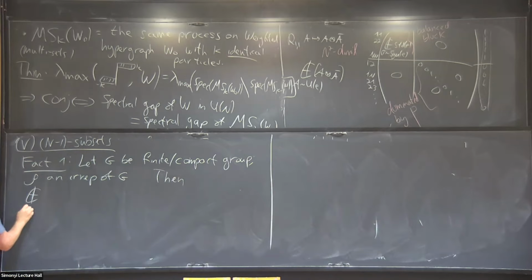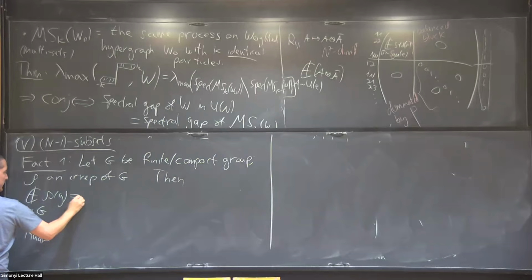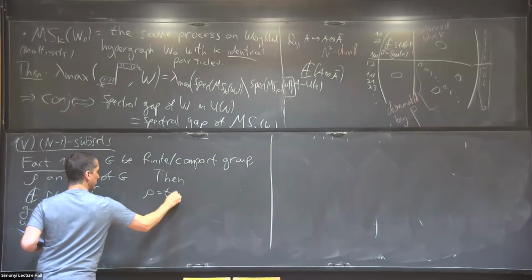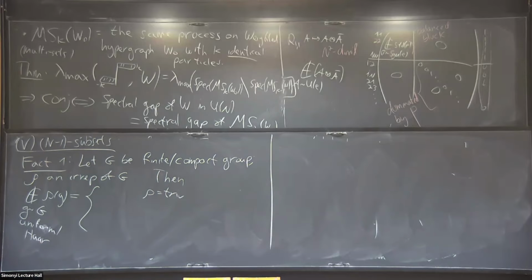the expected value of rho(g), where I go over all the elements of G, and here I look at the uniform measure, or Haar measure more generally, for G. So if rho is trivial, of course, each one of them is just a 1 by 1 matrix with 1.